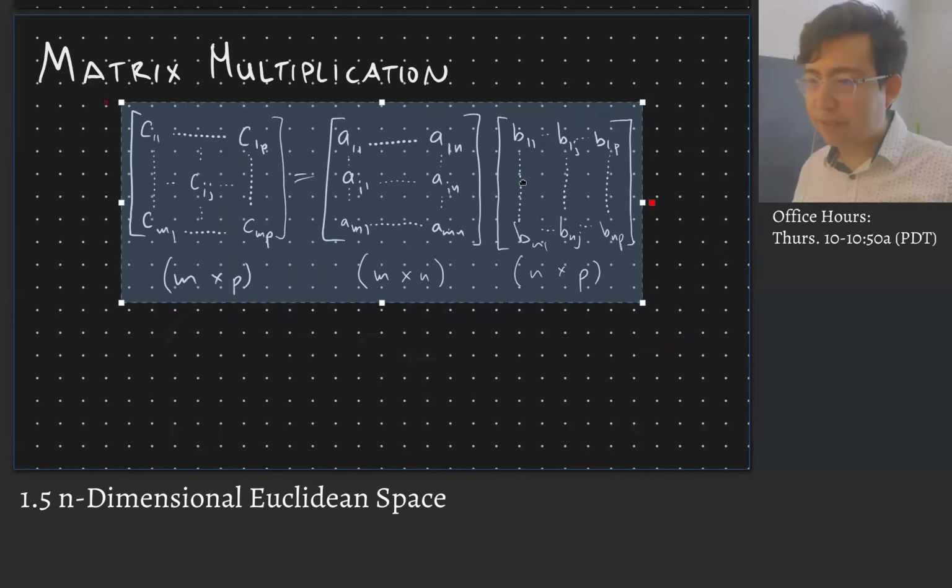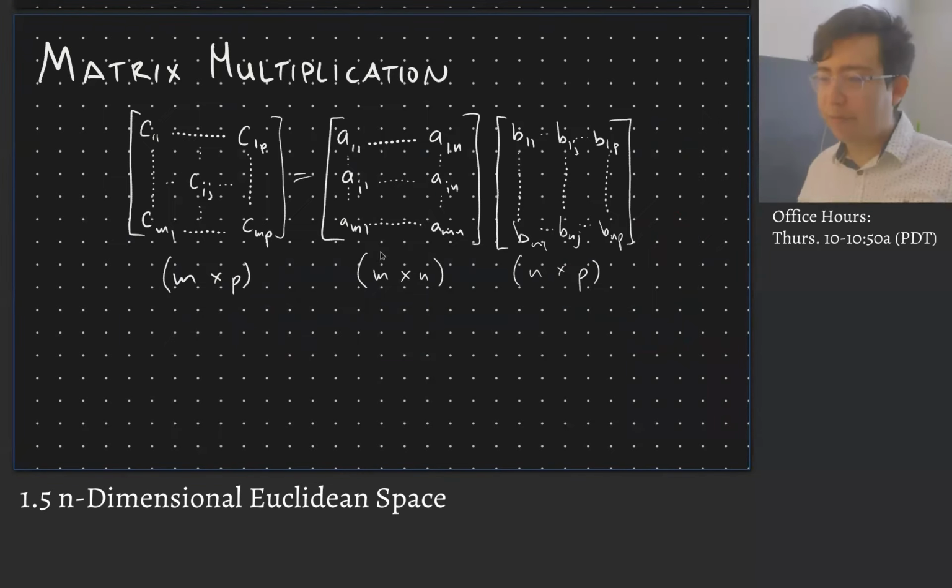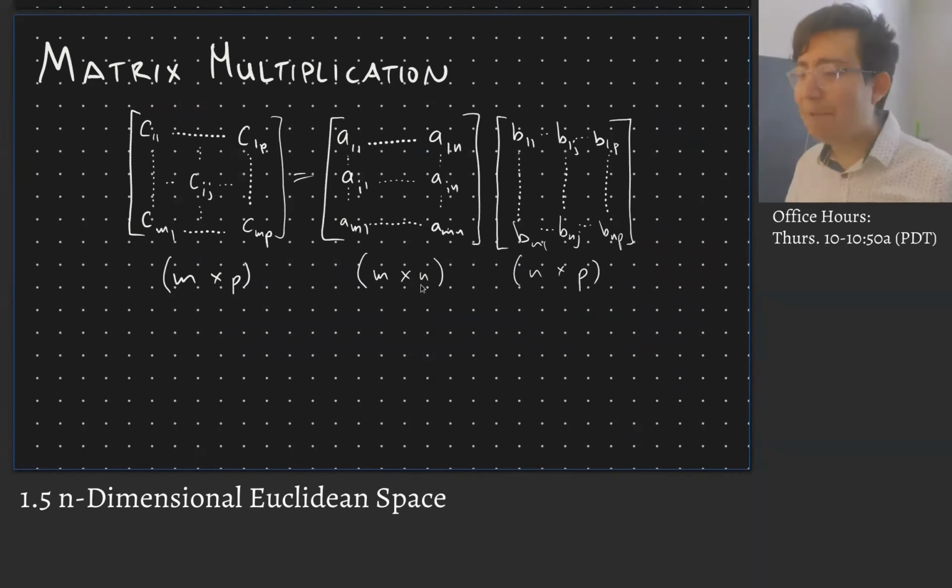So notice down here I'm highlighting the size of these matrices. Focus on the right hand side, you have these two matrices. You have an m by n matrix and an n by p matrix. And so that means you can multiply them together because these two numbers match. So the number of columns needs to match the number of rows.